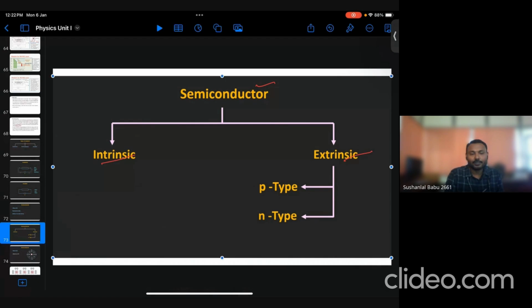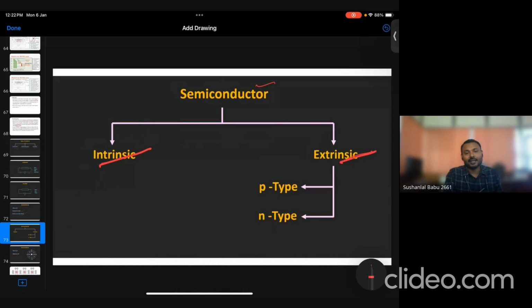Intrinsic means in pure form. There is no impurity. Extrinsic means we are adding extra foreign materials to improve the conductivity of the semiconductor. So extrinsic means we are enhancing the performance of a semiconductor by adding external atoms or other atoms.